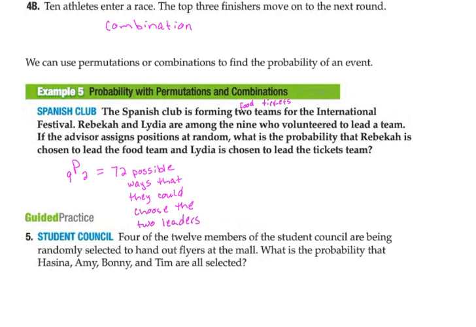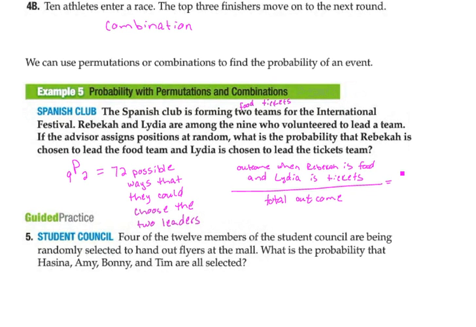Looking at this as a probability, we're going to find the outcome when Rebecca is food and Lydia is tickets, versus total outcomes.